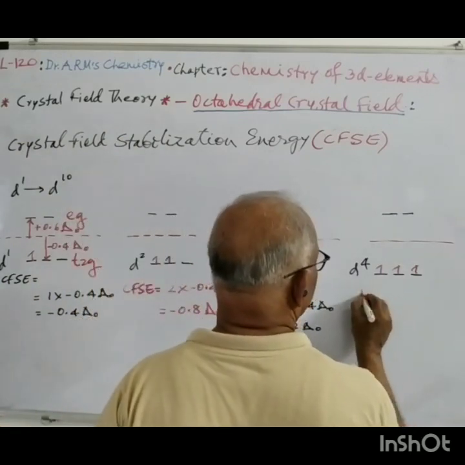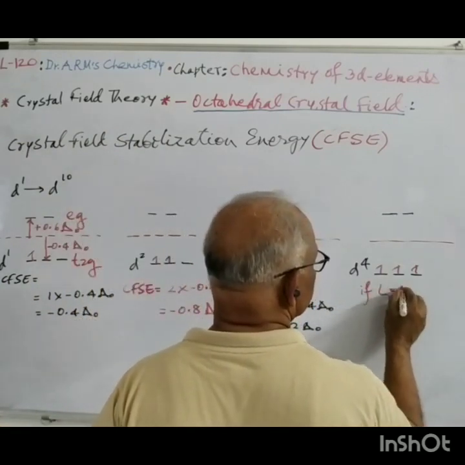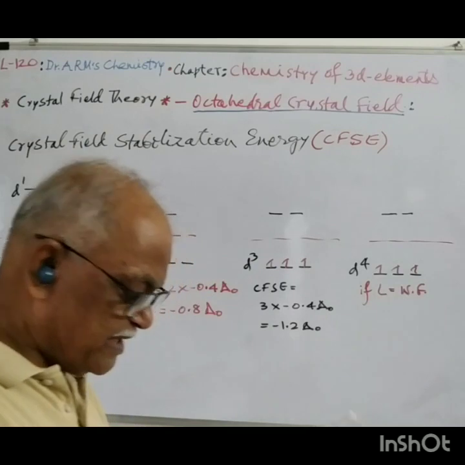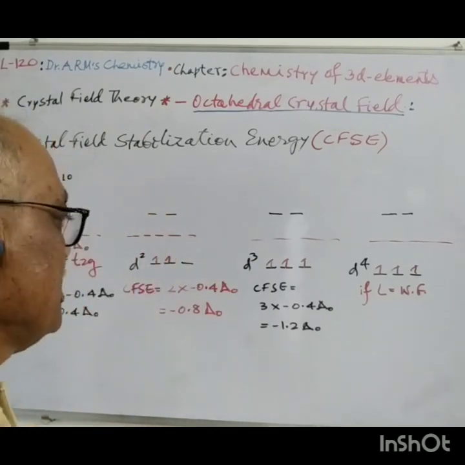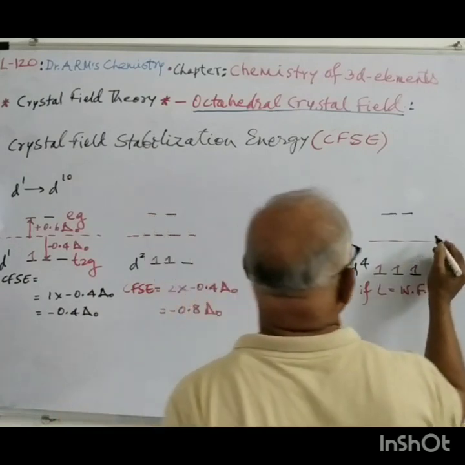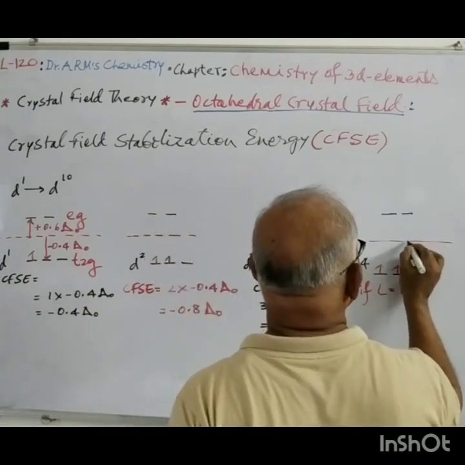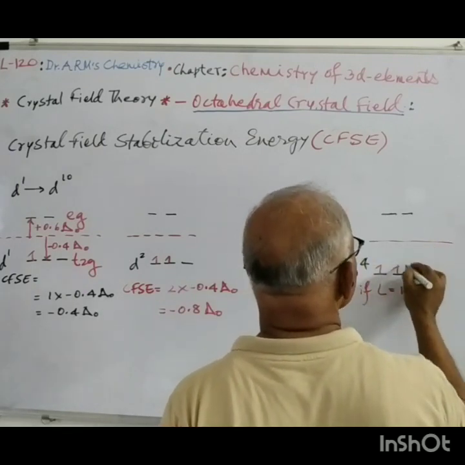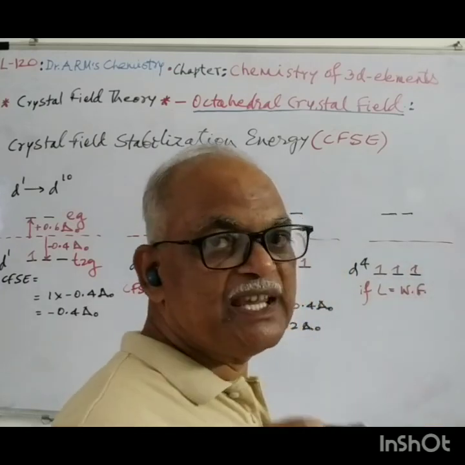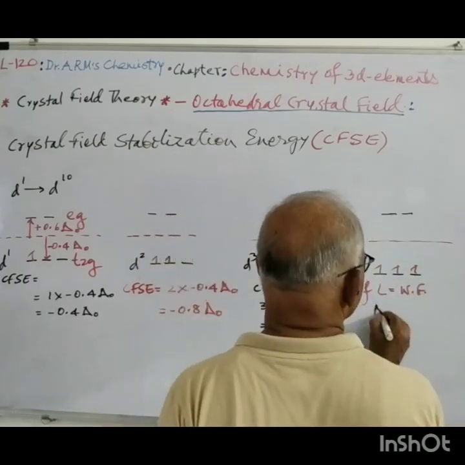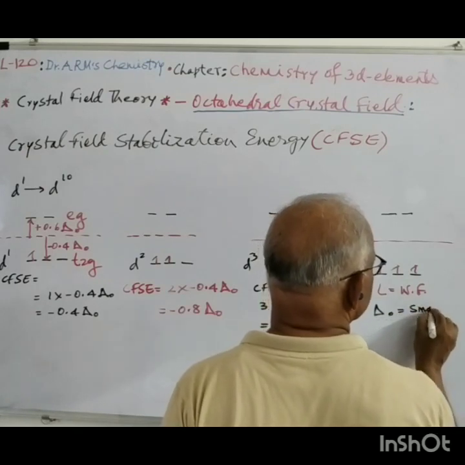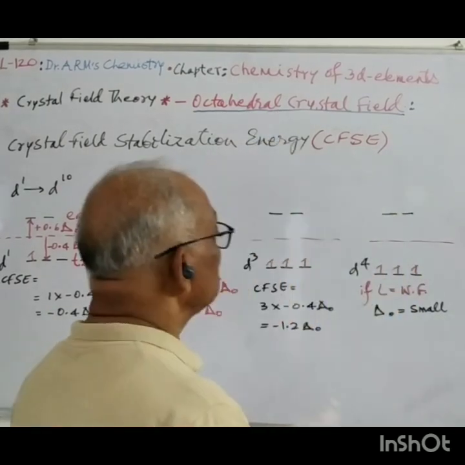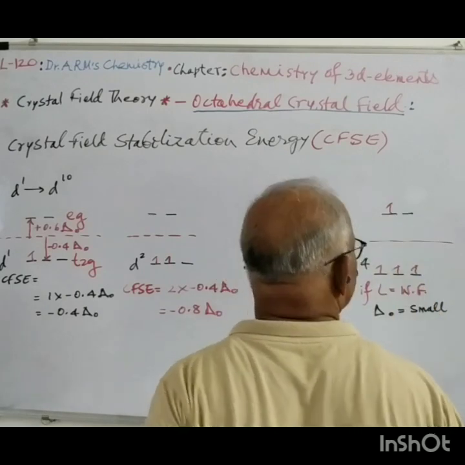If the ligand is weak field, it means delta O is smaller, and therefore the 4th electron will go into the eg orbital.